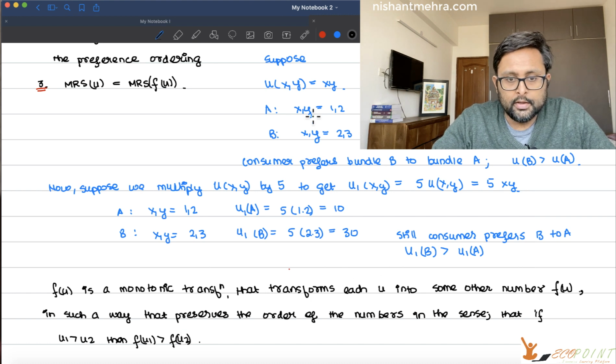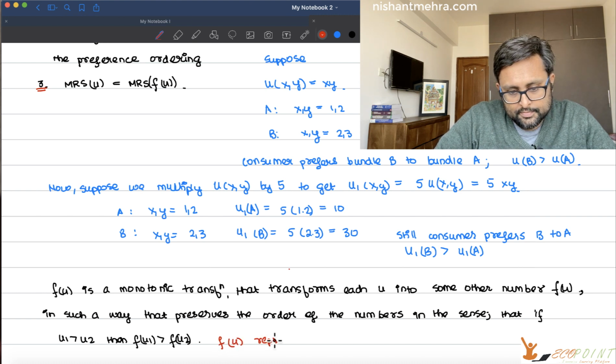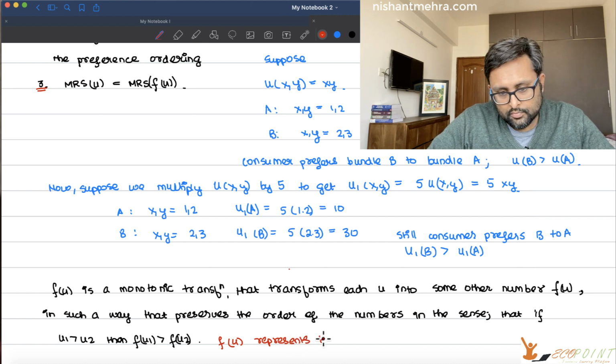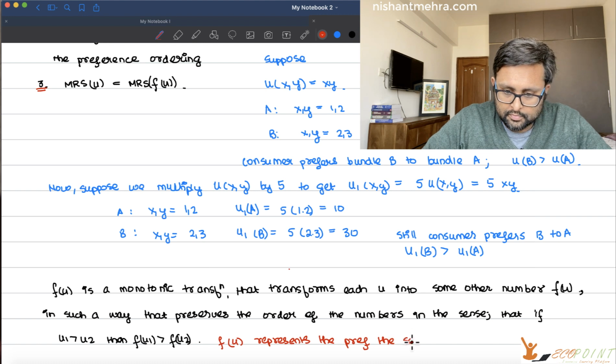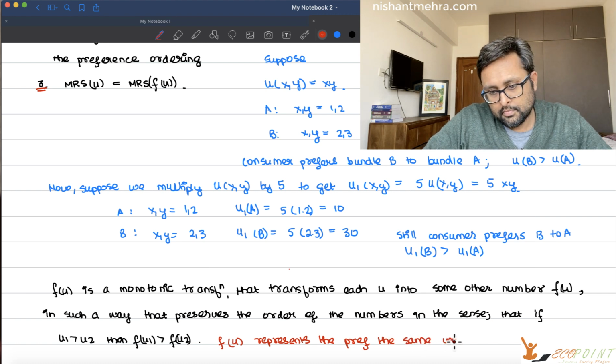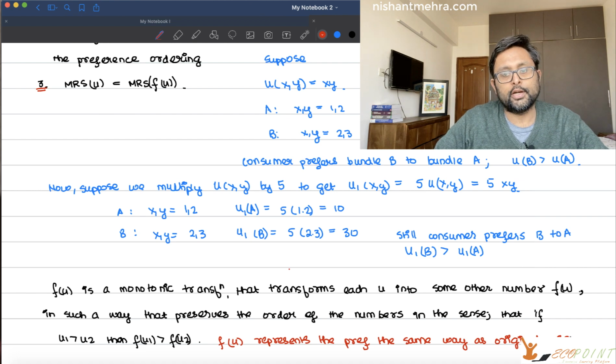So that's what you meant by this, that is f(u) represents the preferences the same way as the original utility, right?